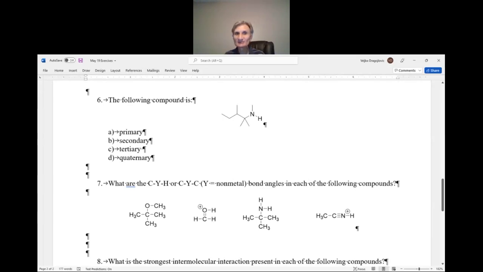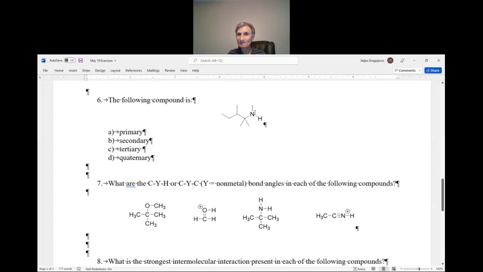The following compound is primary, secondary, tertiary, or quaternary. This would be an example of a multiple choice question. Here you have nitrogen, so that's an amine. Amines are classified with respect to substitution on nitrogen, not on carbon. So we are looking: is this nitrogen primary, secondary, tertiary, or quaternary? Is nitrogen bonded to one other carbon atom?